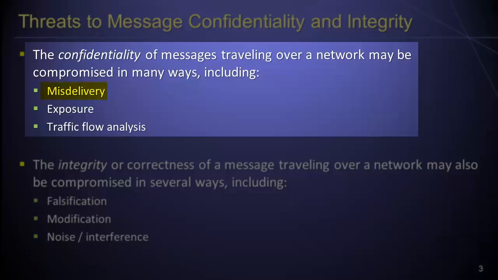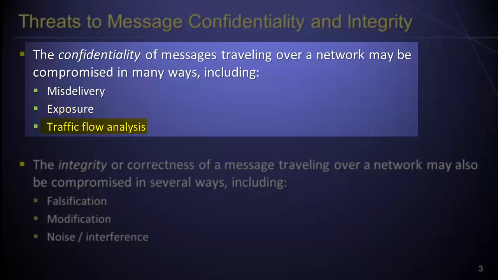Misdelivery can occur when a flaw in the network hardware or software causes a message to be routed to an unintended recipient. Messages can be exposed because they must commonly travel through many network links and devices while in transit to their final destinations, and this provides many opportunities for their contents to be examined by parties other than the intended recipient.